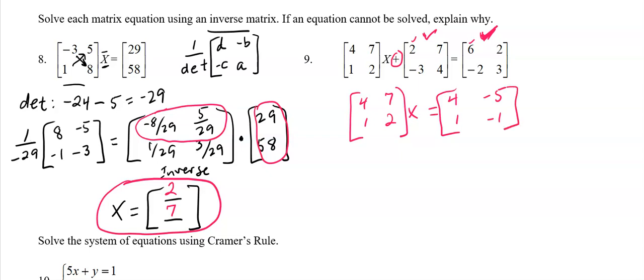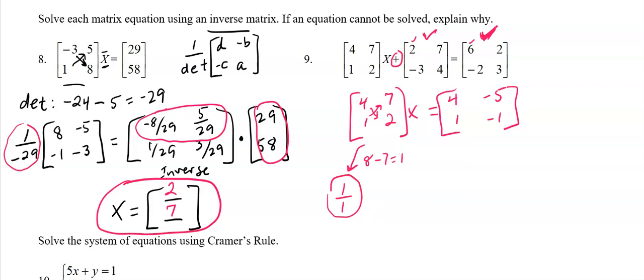All right, so now we're left with finding the inverse of this matrix. Always find the inverse of the matrix being multiplied by the variable. So that starts with the determinant, 8 minus 7. Always enjoy seeing a determinant of 1 because that makes the math easy. Instead of multiplying by something like this, we're basically just multiplying by 1.